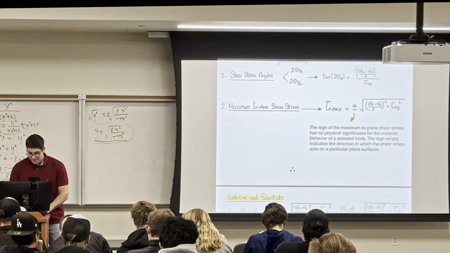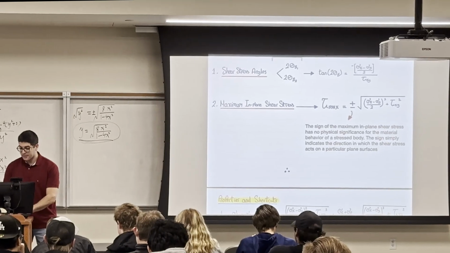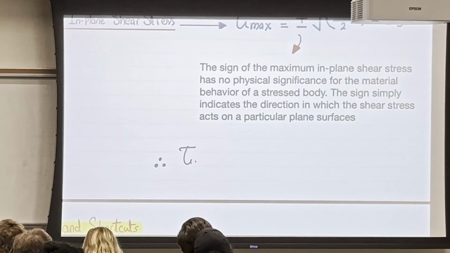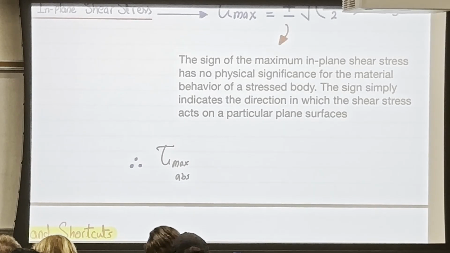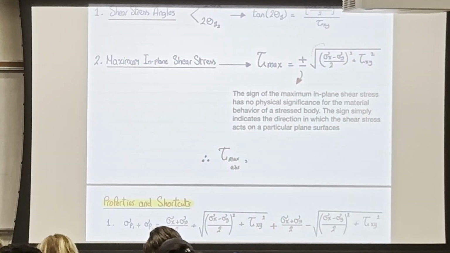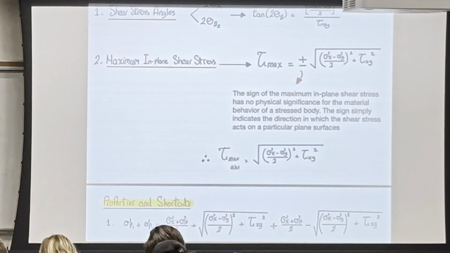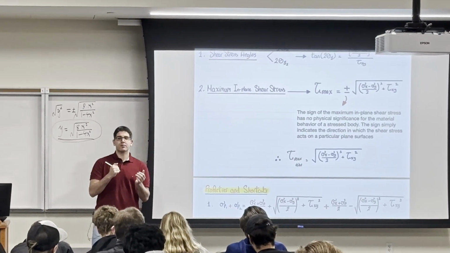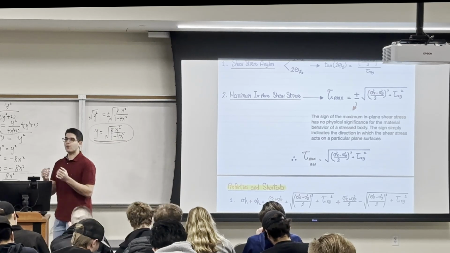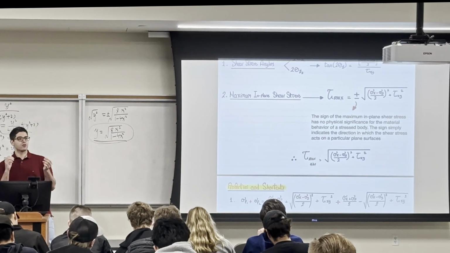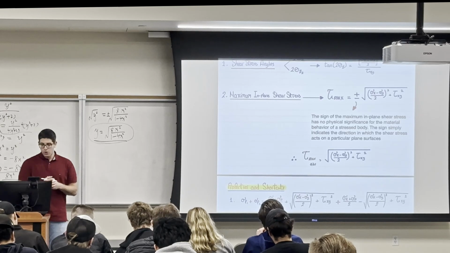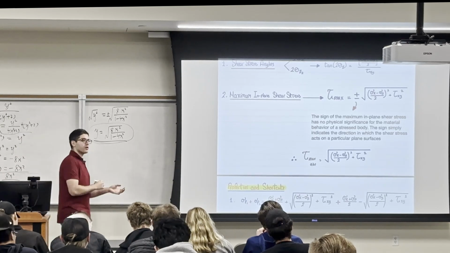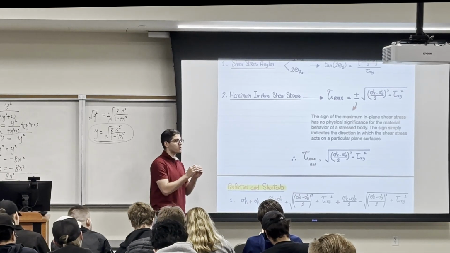So what I want to say is, neglect the signs, and when you find tau max, I want you to find the absolute tau max. So forget about the sign and take the maximum shear stress for the element equal to this. So what we did so far, for an element, if I give you the x and y, I'm confident now that you know what stresses to substitute to get the maximum normal stress, and what equation you're going to use to find the maximum shear stress without giving any angle.